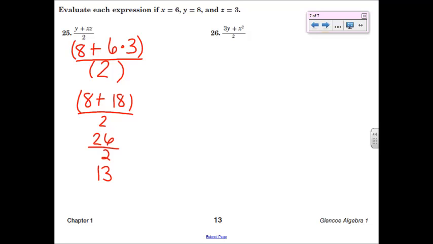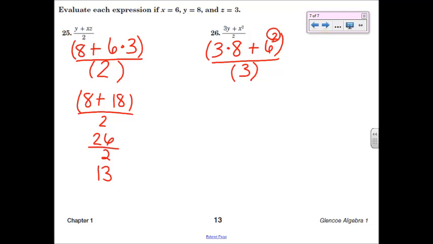And then in the last one, in number 26, we have 3y plus x squared over z. So we have 3 times y is 8 plus x squared, x is 6 squared, over z is 3. So again, we're going to treat it like the top and bottom are in parentheses. So we're going to do them first. And on the top inside the parentheses, the first thing we're going to do is the exponent.